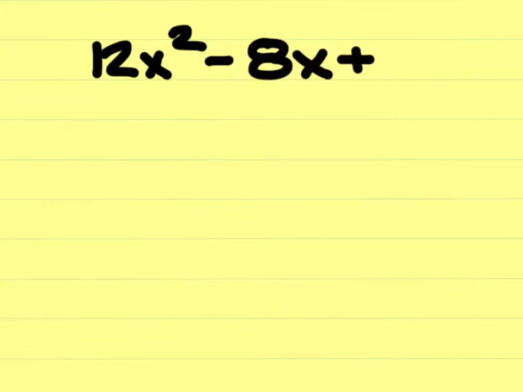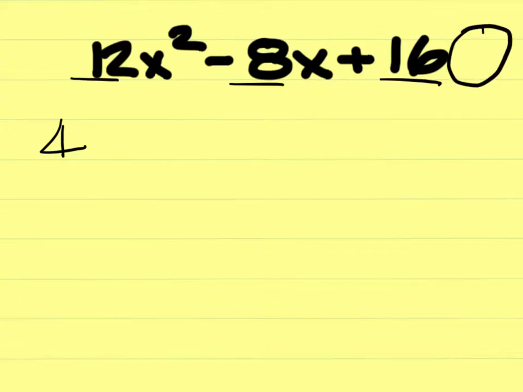In this problem, you have 12x squared minus 8x plus 16. Now the highest number that comes out of each of these is going to be 4. But when you go back and look at the x's, you do not have an x term on the third one. If you don't have it in all of them, you can't take it out of all of them.